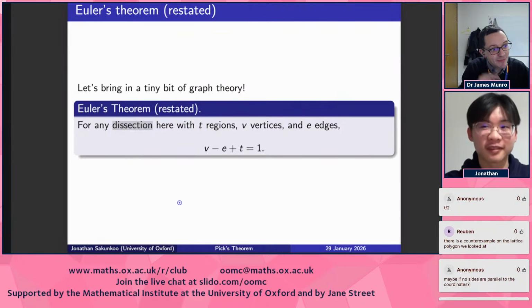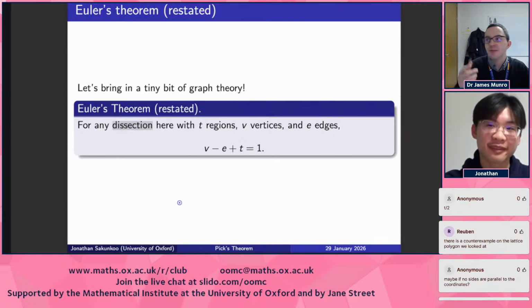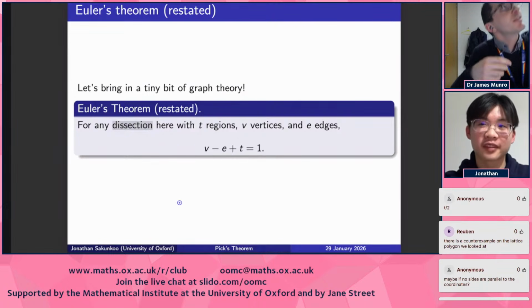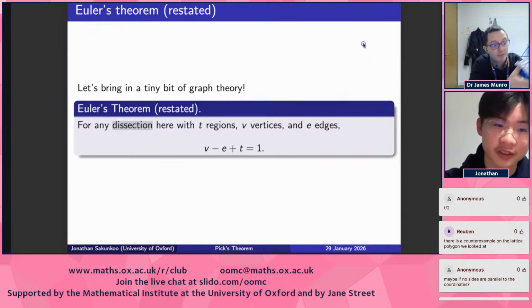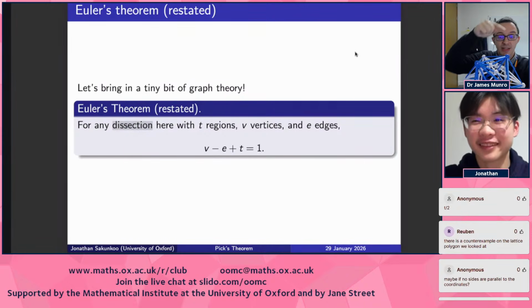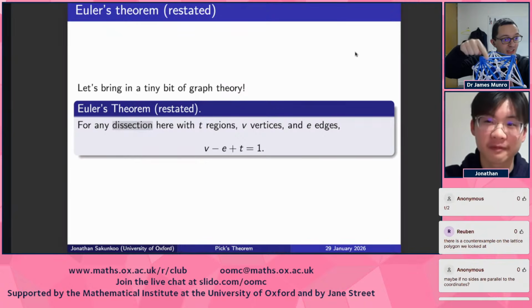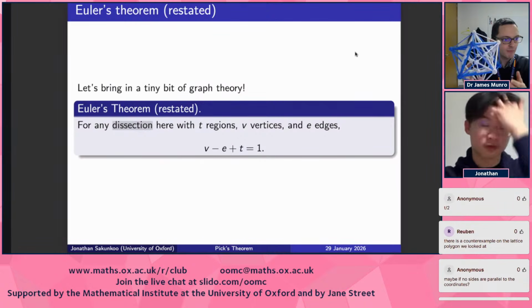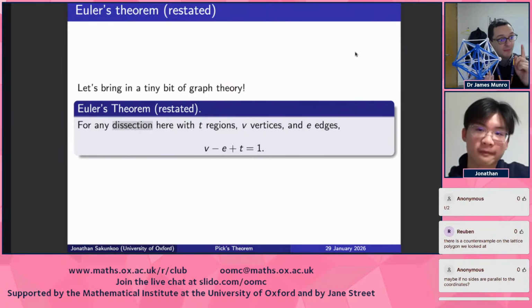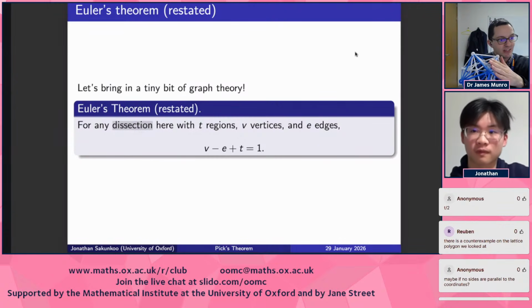There's a link here. If people have seen Euler's theorem before for platonic solids or something, where you've been told there's a relationship between the number of vertices, the number of edges, and the number of faces, then for a polyhedron you might have seen a version that says vertices minus the edges plus the faces is 2.